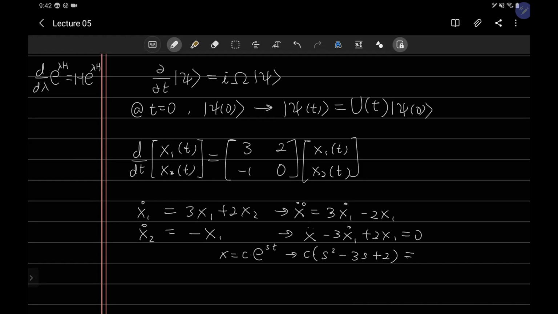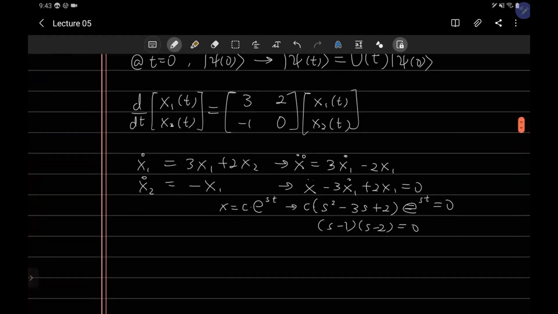The solution of this is of course s equals 1 and 2. So the general solution for x1 is a e to the t plus b e to the 2t.